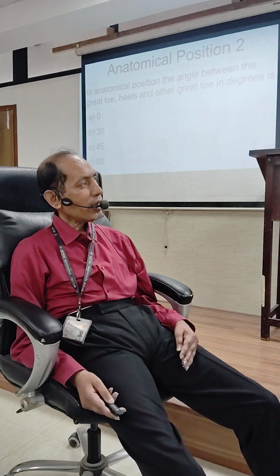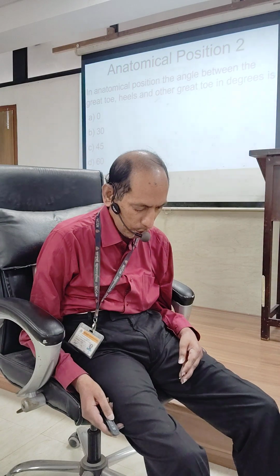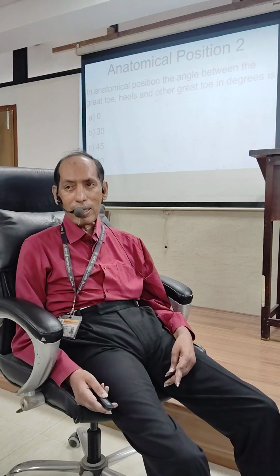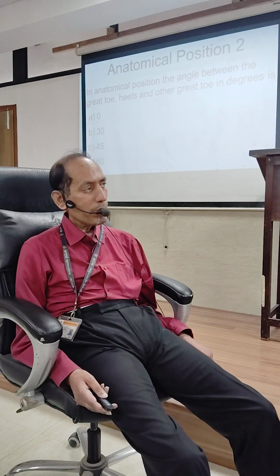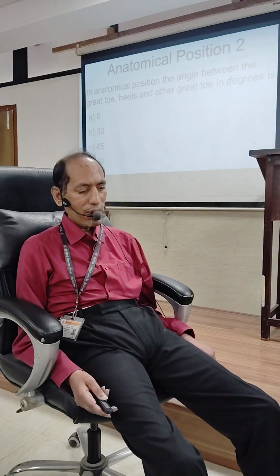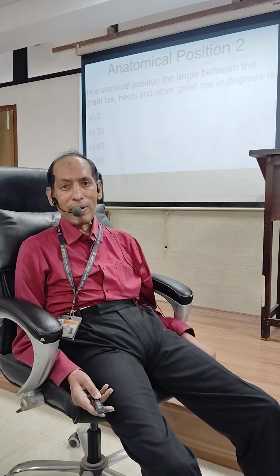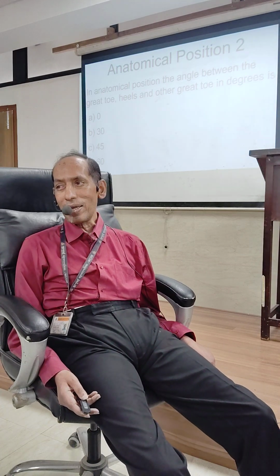This is a tougher question. In anatomical position, when you are standing straight, what is the angle between the two feet? 0 degrees, 30 degrees, 45 degrees, 60 degrees, or 180 degrees?